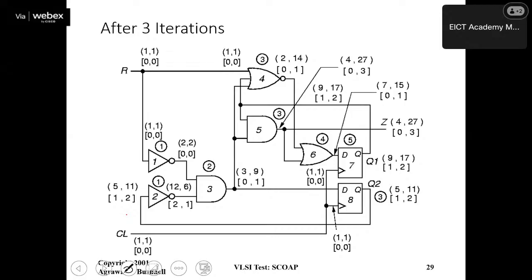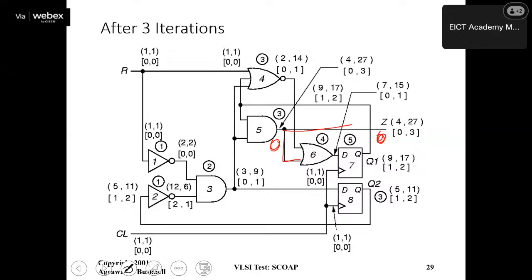How can we go for the observability? We will set the observability here to 0, since there is only one output, Z. For all the rest, we set it to infinity. If this one is 0, look at this, there was a stem that was infinity. For the stem we have to take the minimum possible, so the observability of this is also 0.